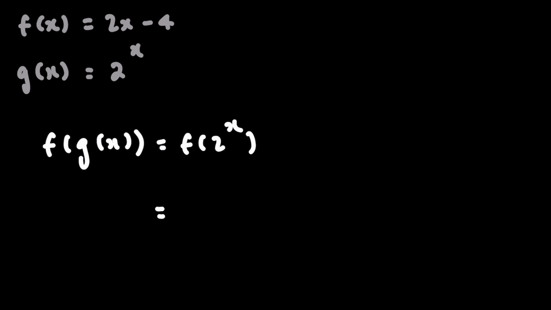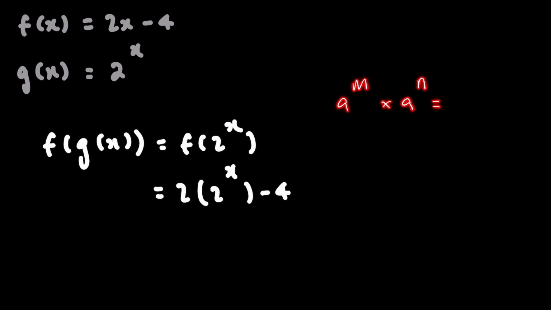So that's the same thing as 2 times 2 to the power of x, take 4. And using your index laws, we know that we can actually simplify this, because another way of writing 2 is 2 to the power of 1. And we know when we do a base to the power of an integer times by another base with the power of an integer, we can simply add the integers together.